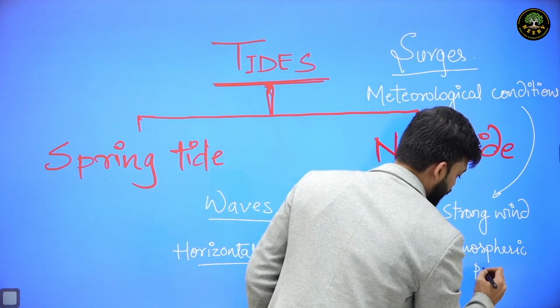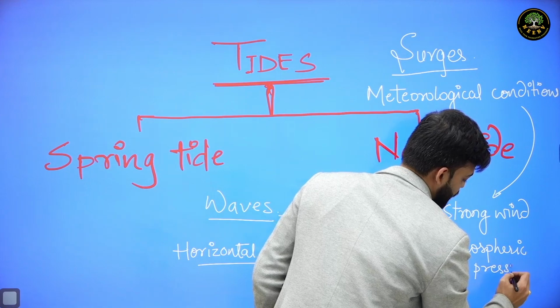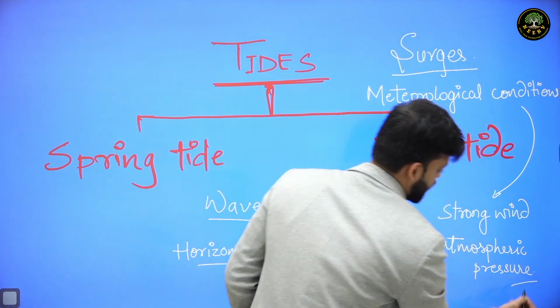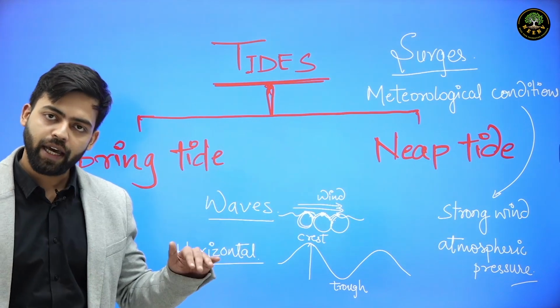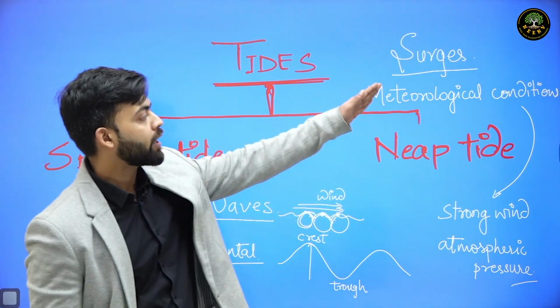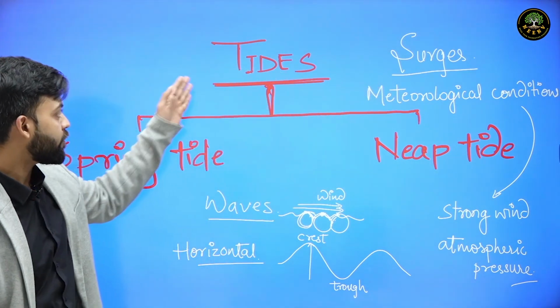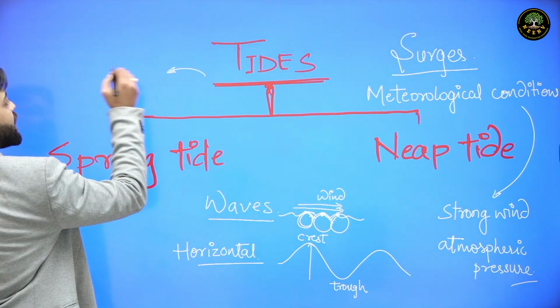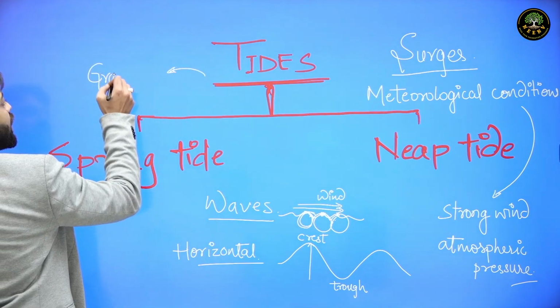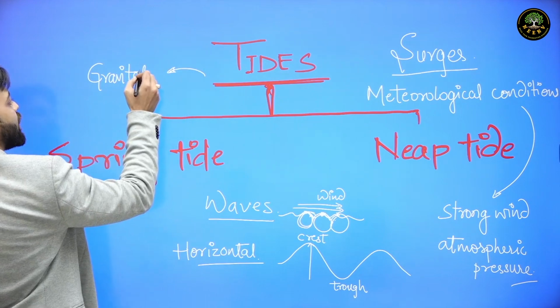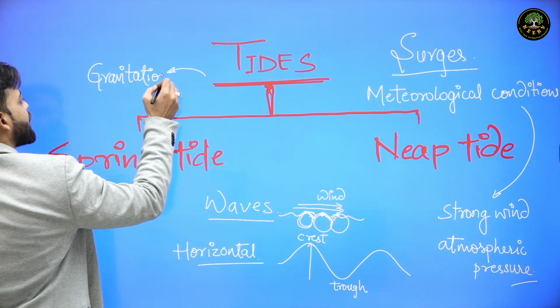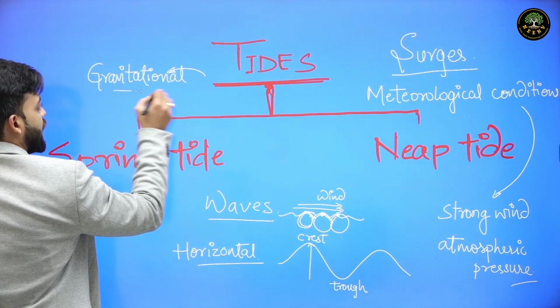So if because of wind or difference in atmospheric pressure, the water in water body moves in vertical direction, then that will be called as surges. And because of gravitational pull, if there will be upward or downward movement of water, then that will be called as tide.